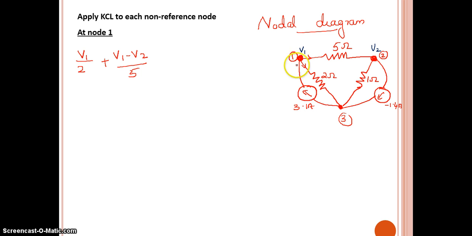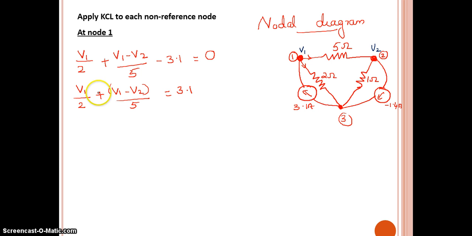Now the third branch ending at this node is this current source. Here these two currents are leaving but this is entering, so it should be minus 3.1 equal to 0. So it is V1 divided by 2 plus V1 minus V2 divided by 5 equal to, taking it to the other side, 3.1.